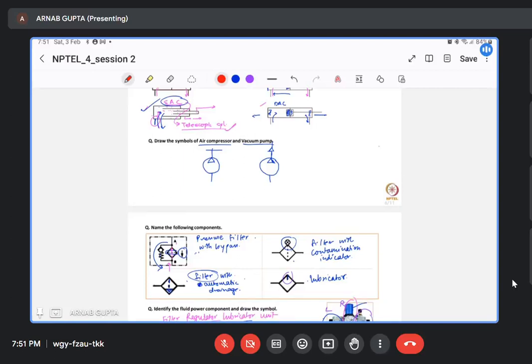In one section, while you are running one equipment, you need 2 meter cube per second. In another system, you need 2 meter cube per second. In another system, you need 1 meter cube per second. So accordingly, the flow needs to be divided based on the capacity of each system. That is where the flow divider comes into the picture. It controls the flow, so obviously it is a flow control valve.